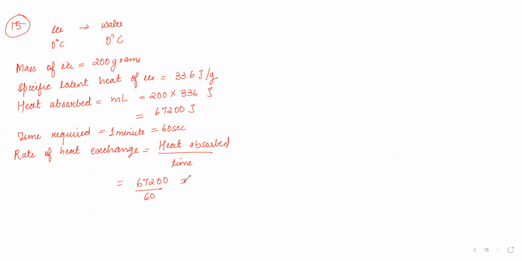Just calculate. 67200 divided by 60, 1120. This is joule per second. Okay, so now this is what you're getting. Now they are asking 0 degree to 20 degrees.